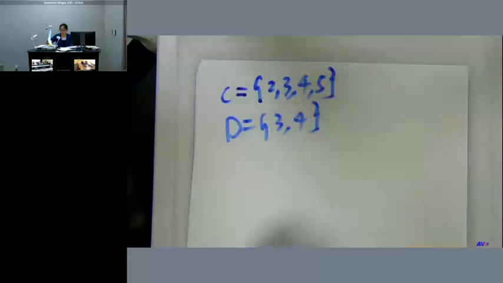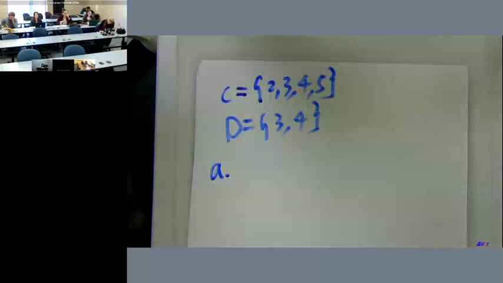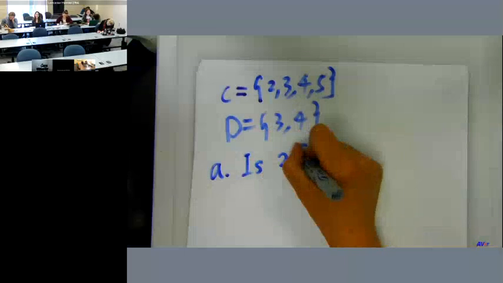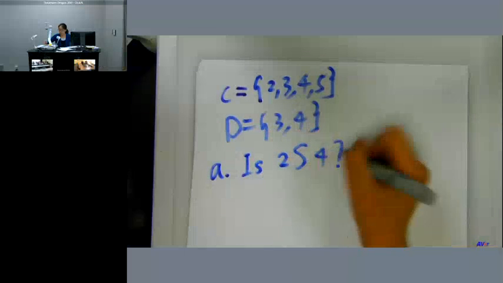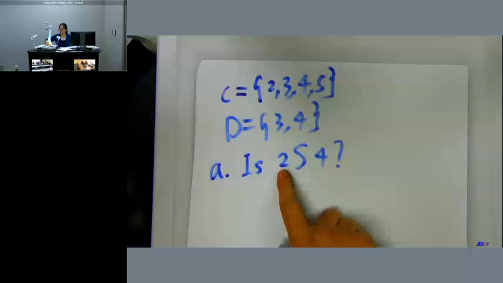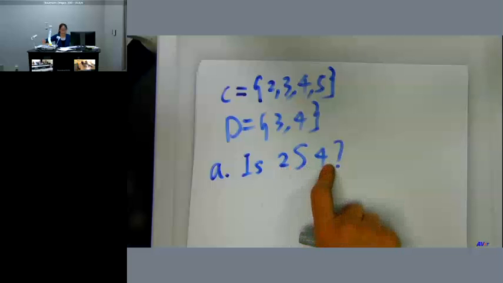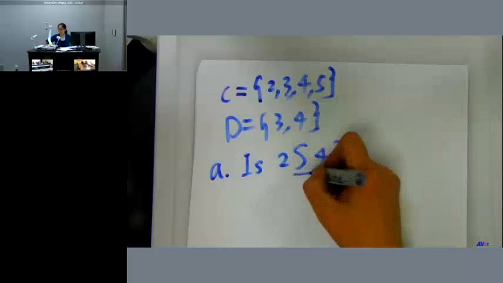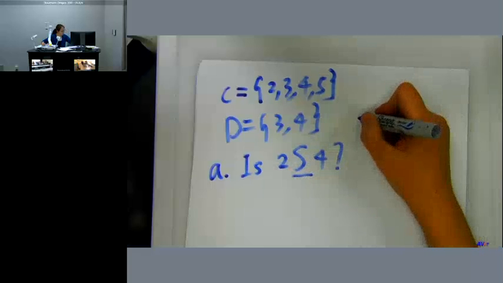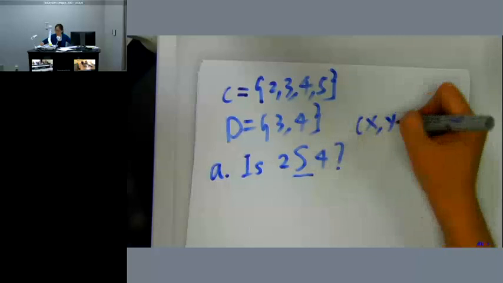So question A, do you have trouble doing part A? Yes, but probably just because I'm not sure what to do. Okay. So 2S, you can read it as related. S represents a relation. So is 2 related to 4? And this relation, how is this relation defined? You can go back to see, this is how the relation is defined.